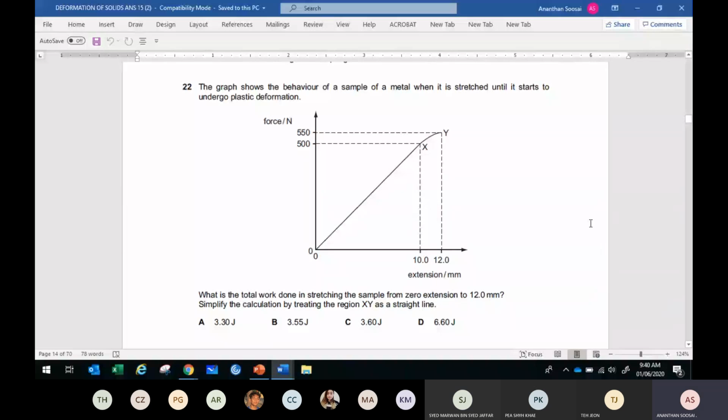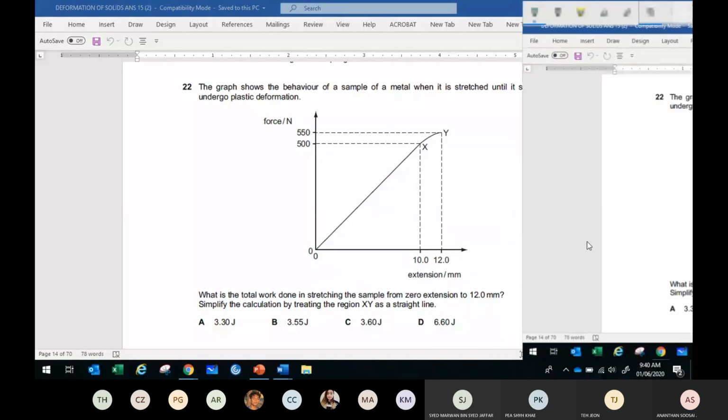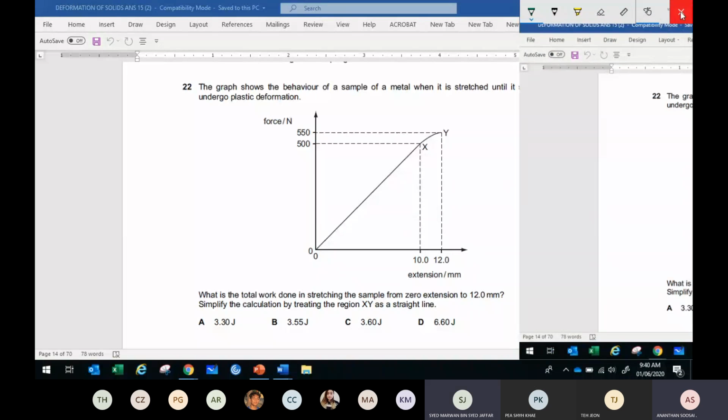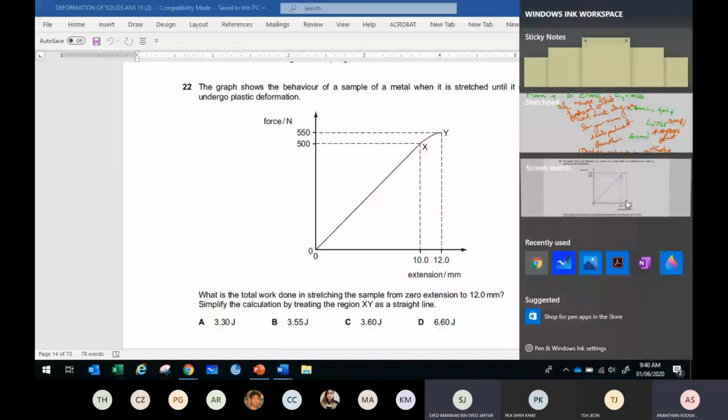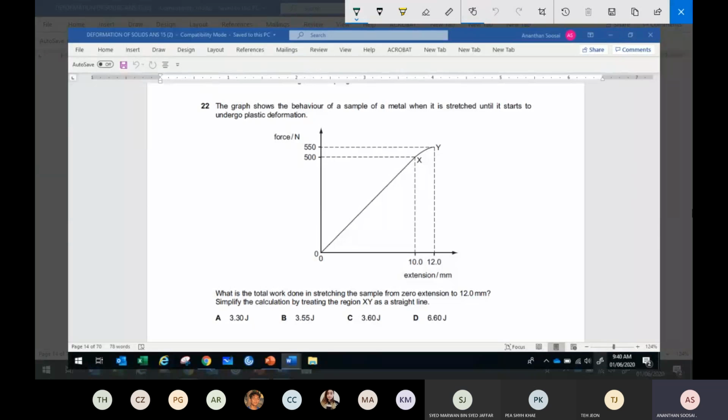They ask you to treat XY as a straight line. Okay, I'm receiving answers.